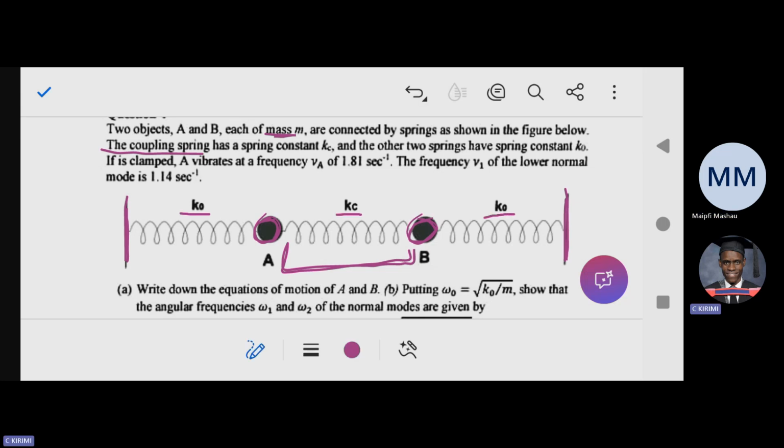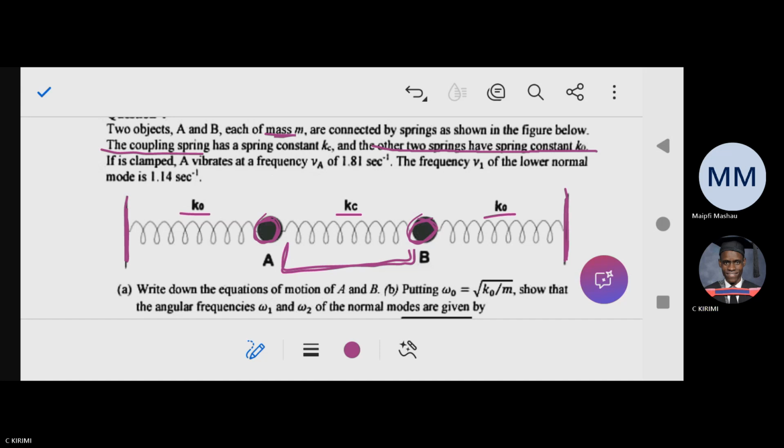The other one will be 30 newtons per meter, the other one is 100, and the last one will be 30, since the first and the last are the same. KC represents the coupling; they are being specific. That is the spring constant for the coupling one. And then K0 here is just representing the other two springs. The other two springs have a spring constant K0.